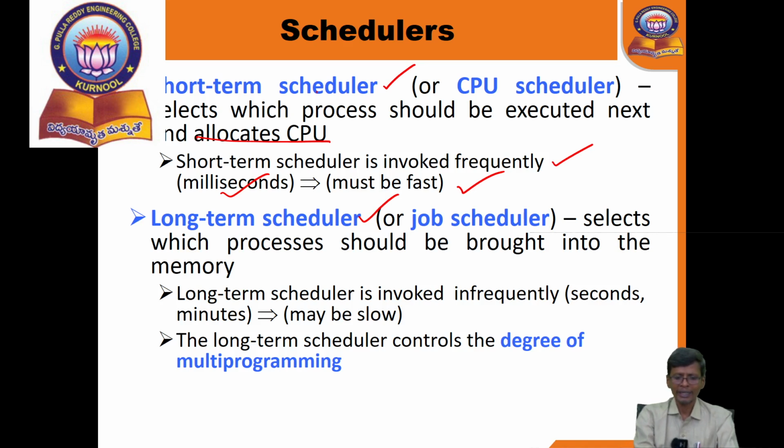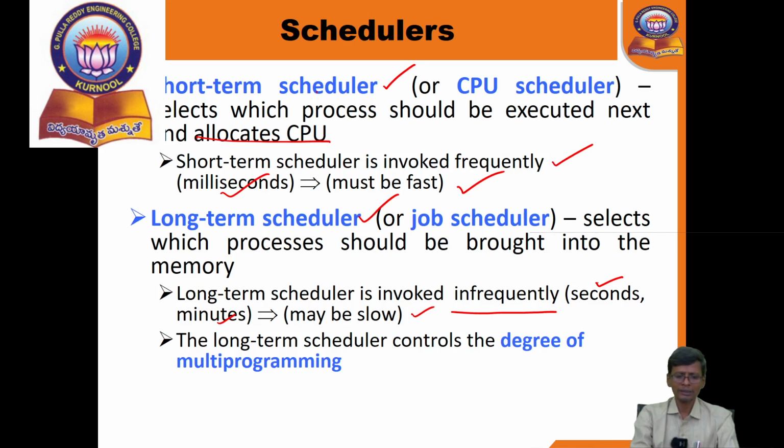Whereas the long-term scheduler is executed infrequently, like every few seconds or some minutes. That's why we call it very slow. The short-term scheduler is frequent and fast, the long-term scheduler is infrequent and slow.